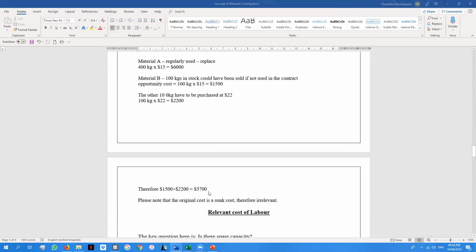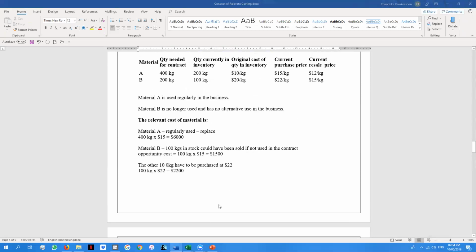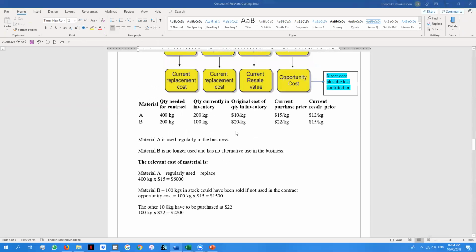Please note that the original cost is a sunk cost, therefore irrelevant. See this here? The original cost. When dealing with materials, the original cost is really a historic cost, and historic costs are not relevant. If you were to also call it a sunk cost, that's okay, because it does represent a cost incurred in the past.